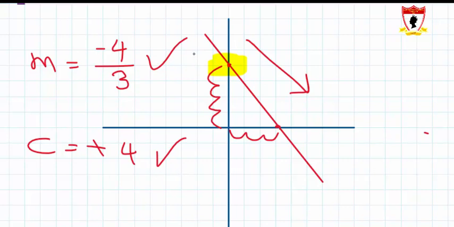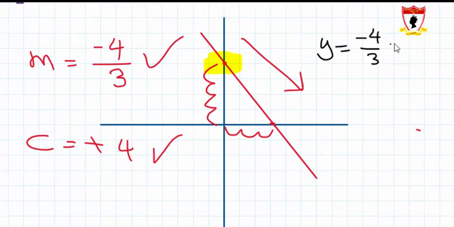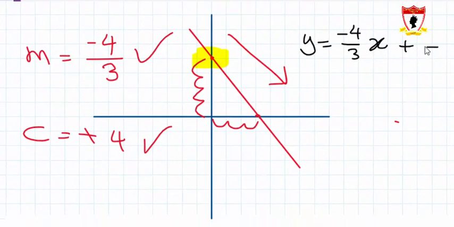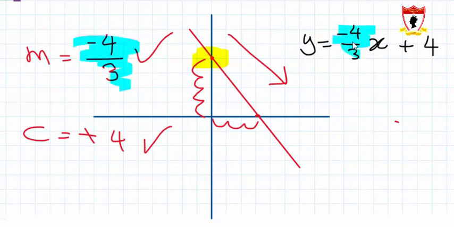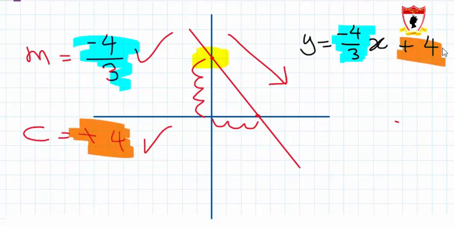The equation of this line is y equals negative 4/3x plus 4. So this is the gradient here that is the coefficient of x, and this is C. C is the y-intercept.